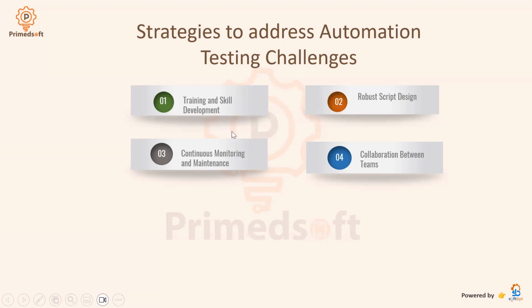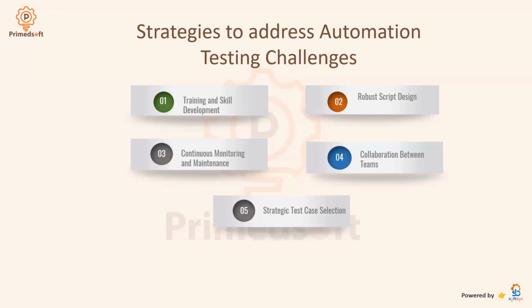Okay, so the next one we want to look at is strategic test case selection. I've said that before. You need to carefully select your test cases for automation. That doesn't mean you go and select the easier ones, or avoid the more complicated ones.